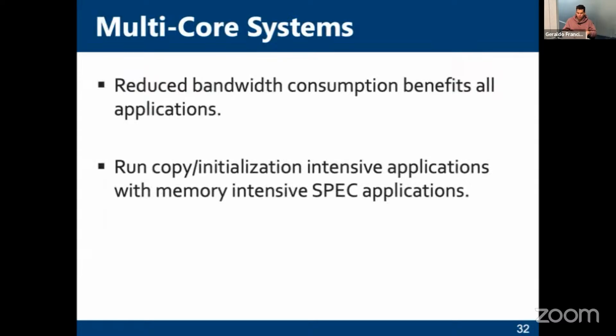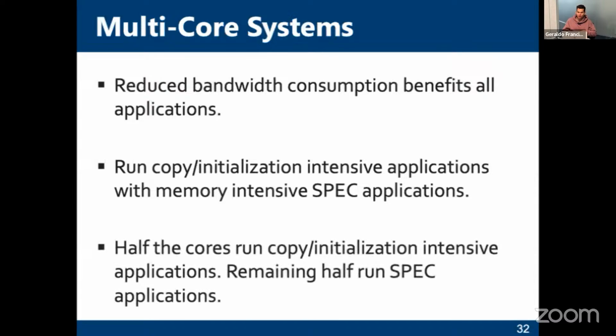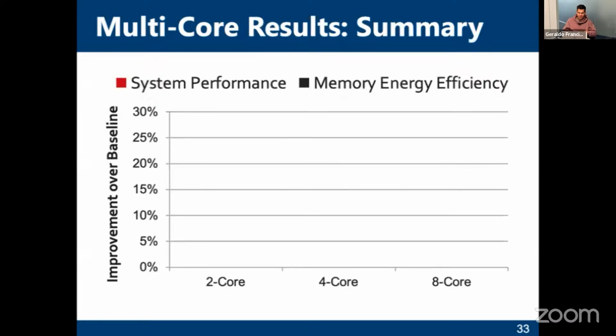We also do some multi-core system evaluation where we run those copy initialization test applications together with some SPEC applications. Half of the cores run copy initialization intensive applications, and the remaining half runs SPEC applications.